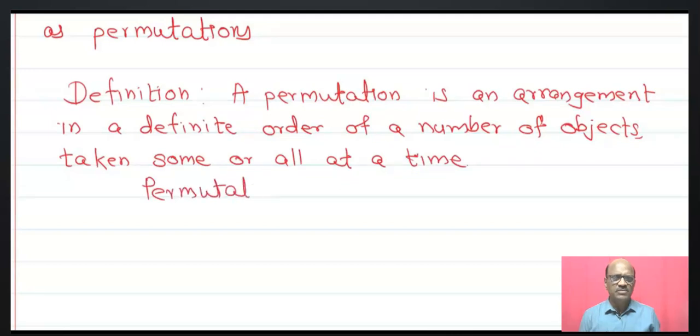Some means what we require, and at the same time we can take all the objects also.